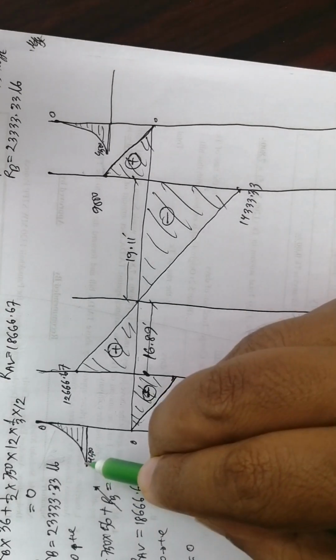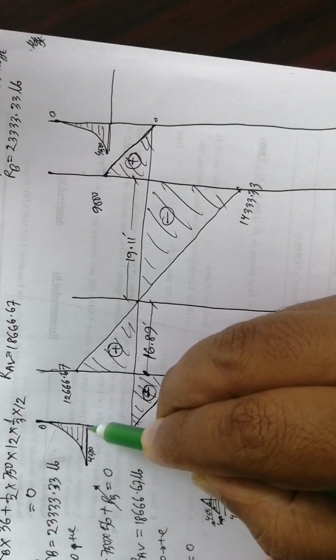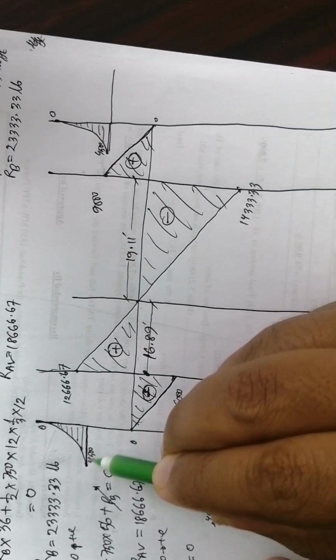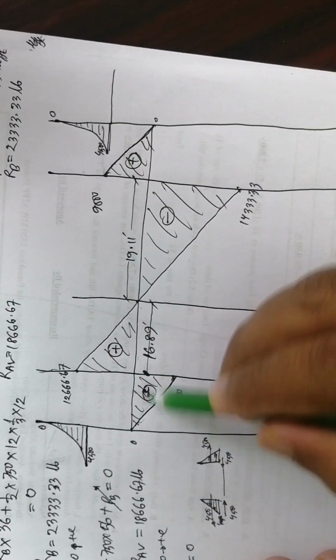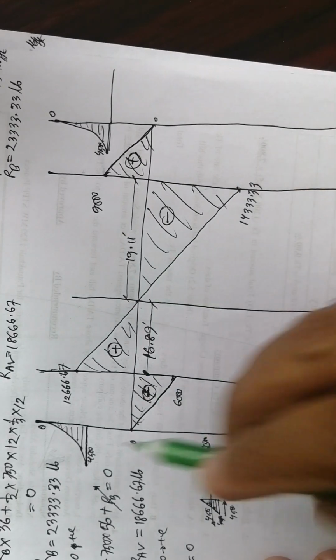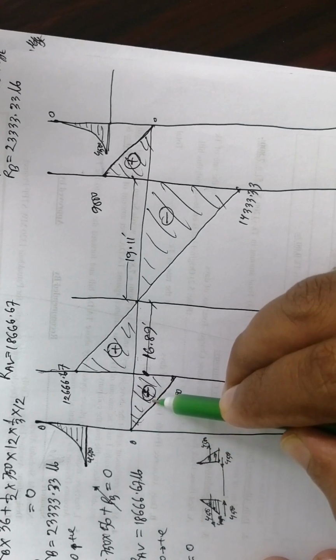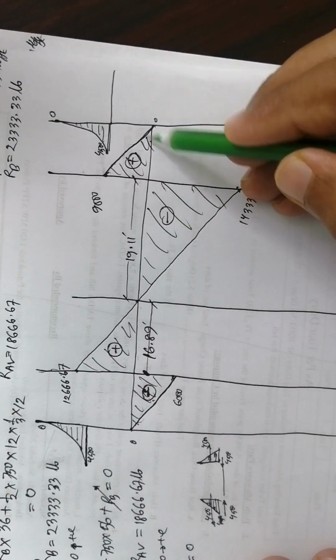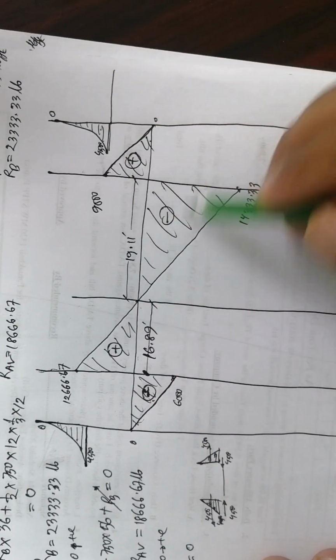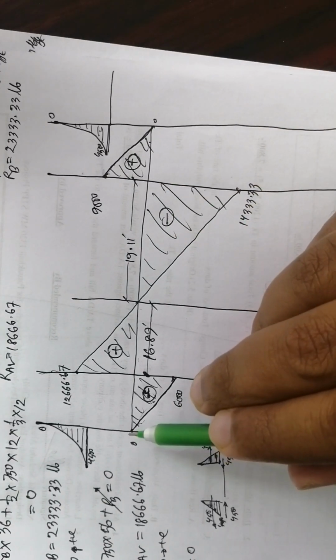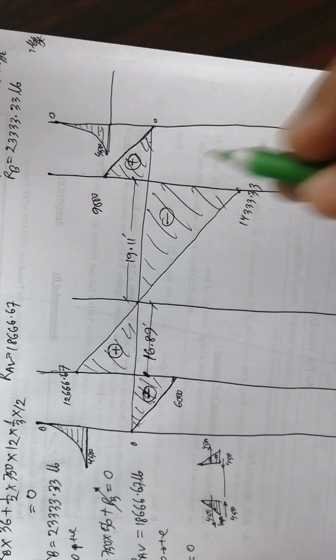Here one thing, for SFD this force doesn't comply with this, because this is horizontal, but this is vertical. But for moment diagram, this moment transforms from one frame to another frame.